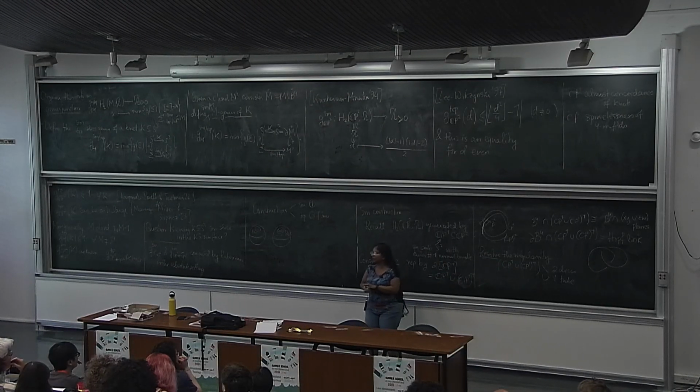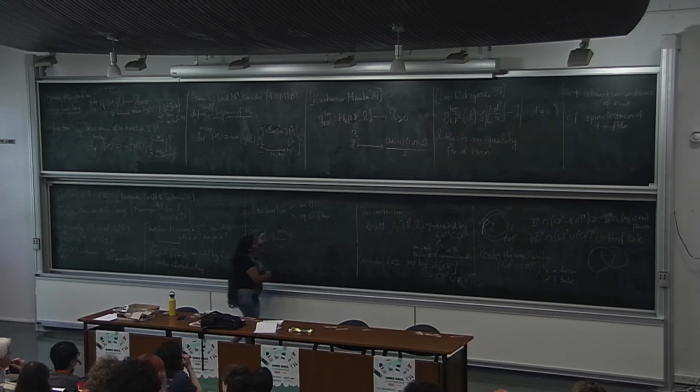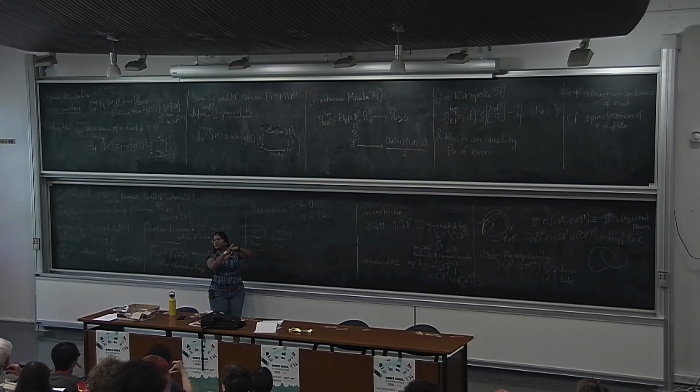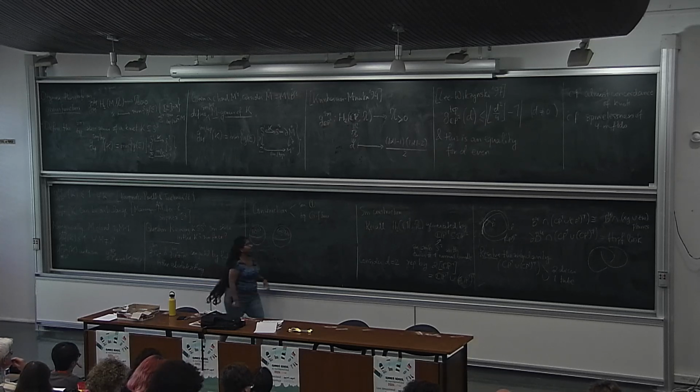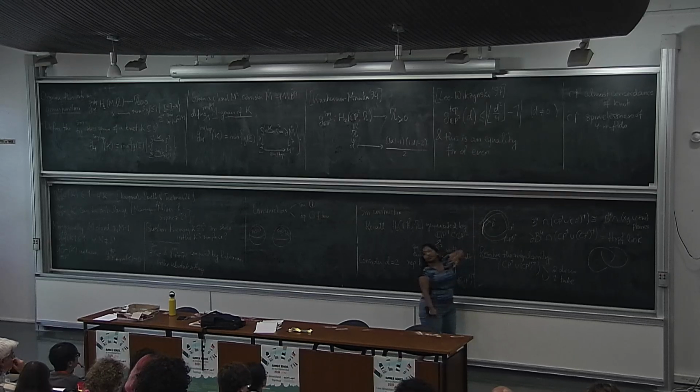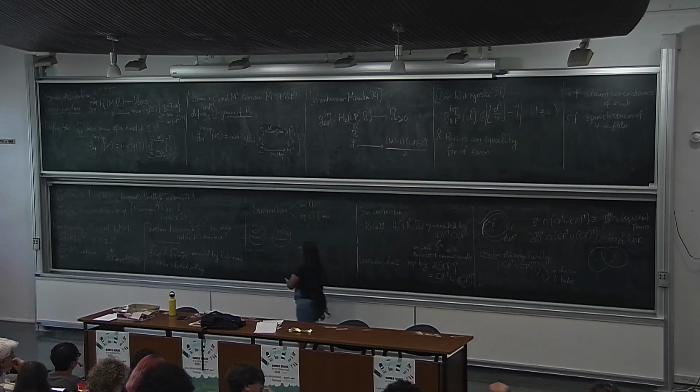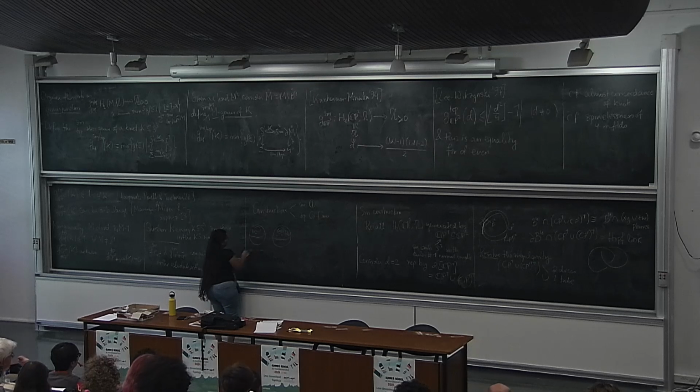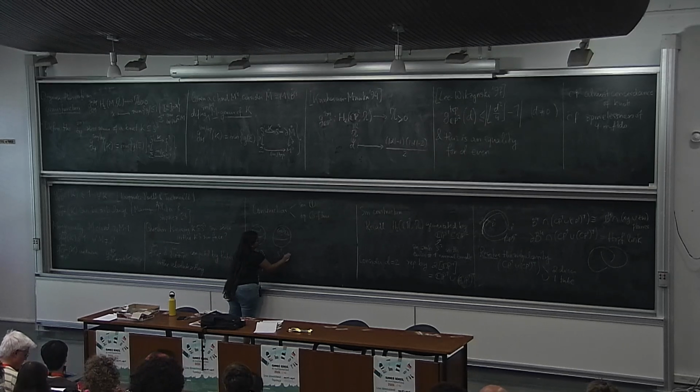Does that make sense? On each of these spheres, I have an embedding, but when I consider them together, there's that point of intersection. And the resolution says, remove these two disks. So now I don't have them anymore. So now this is S2 minus D1, S2 minus D2.